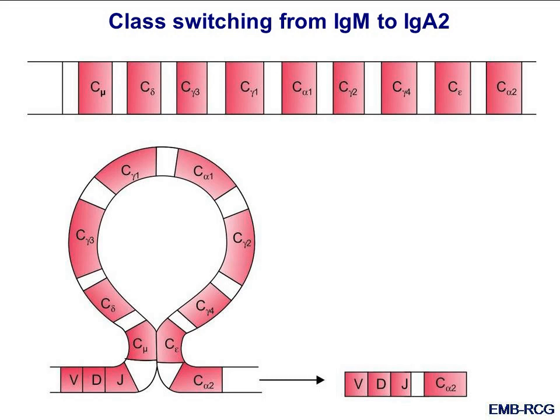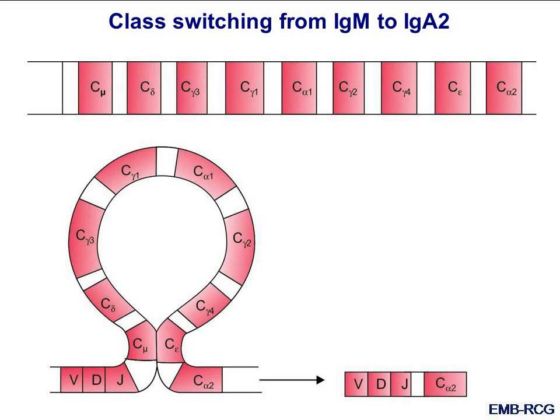But when class switching is required, the DNA is looped and the VDJ complex is brought close to some downstream constant segment gene, in this case alpha 2. So this VDJ complex joins C alpha 2, the intervening DNA is deleted. So now the gene that we have has got this VDJ complex followed by C alpha 2.